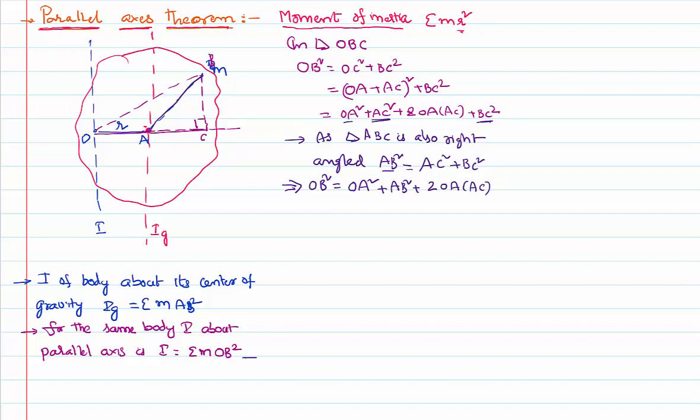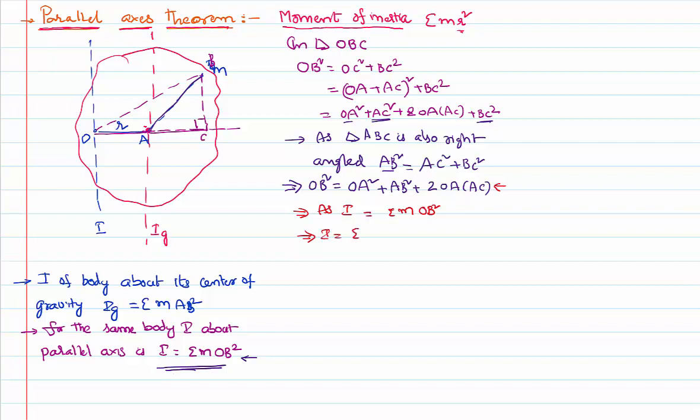Now knowing the value of OB square, I can substitute in the equation for I. As moment of inertia about a parallel axis is sigma m into OB square, and I know OB square already, let me substitute.